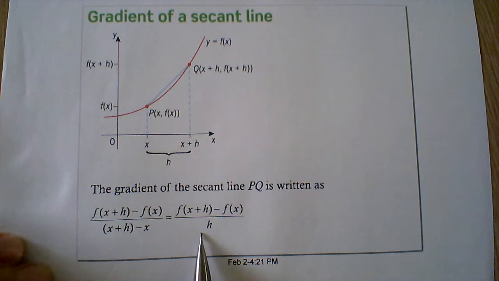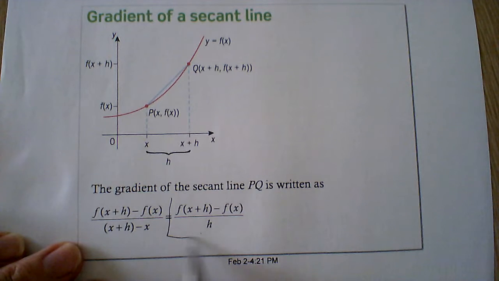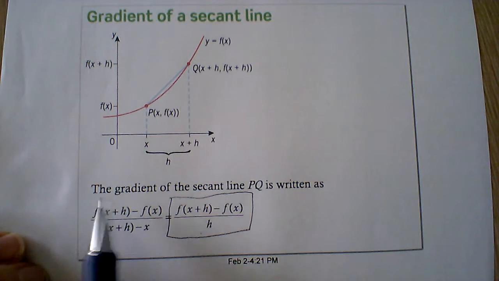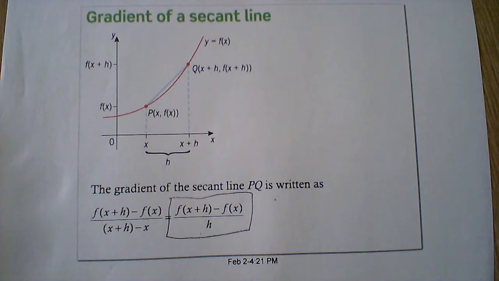We got to that formula already. Same formula that I wrote in green on the other. So the gradient of a secant line is always written like this. It's f of x plus h minus f of x over h. To find the gradient of a secant line, that's what we use.